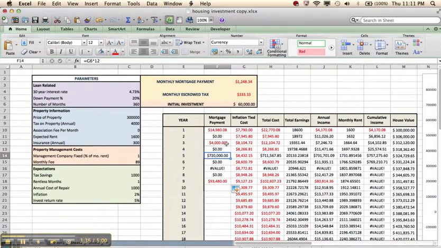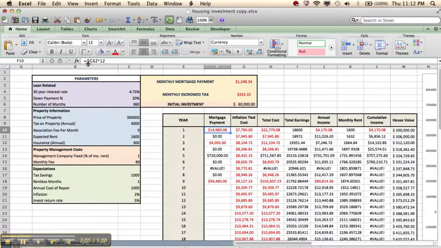So this is what Excel does in general. Every time you pull one cell's formula downwards, it changes the number by the row you're in. So if you want to tell Excel not to change the variable by the row, what you want to do is put a dollar sign in front of each one of the letters of that cell.